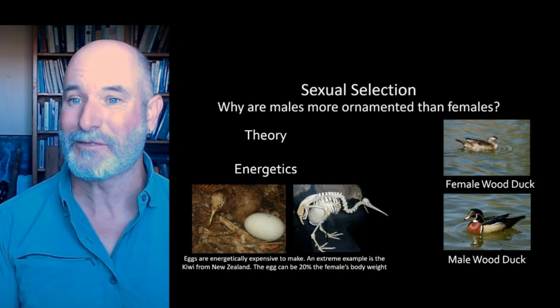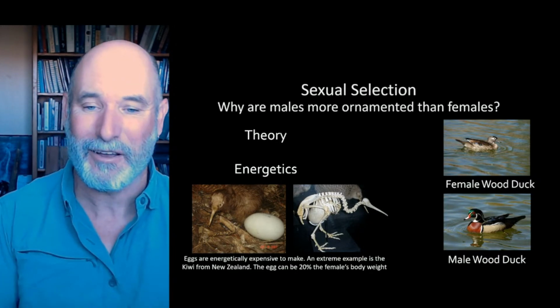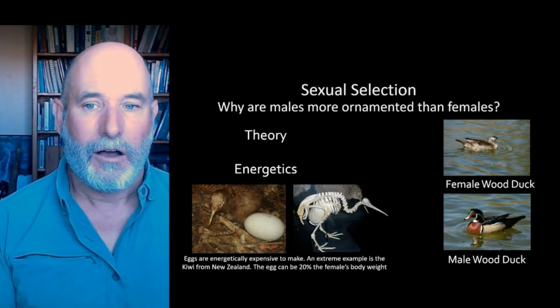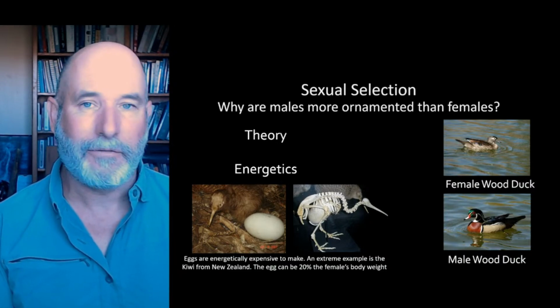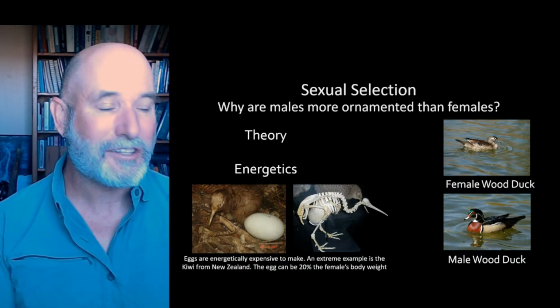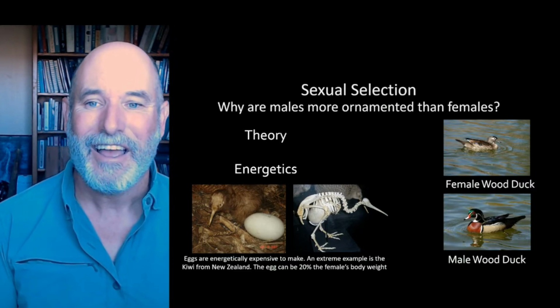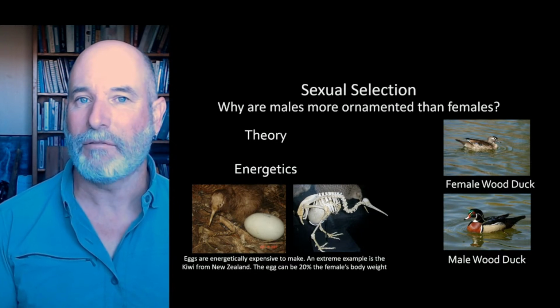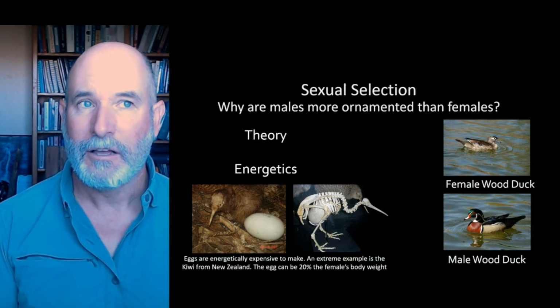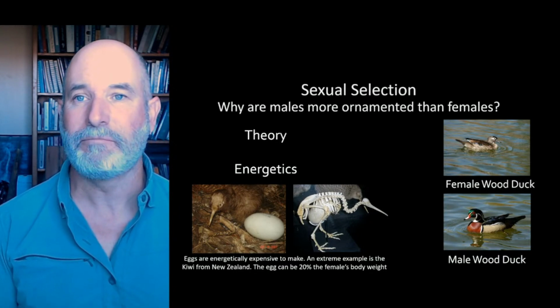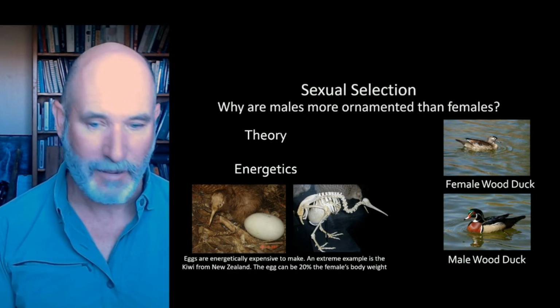Sometimes males do. There's some fish where the female just leaves all the babies with the male. Okay, so if you look at this kiwi, look at the size of that egg, right? I mean, that's enormous. And that egg is 20% of the female's body weight. So that's an enormous cost of being a female and producing more expensive gametes.